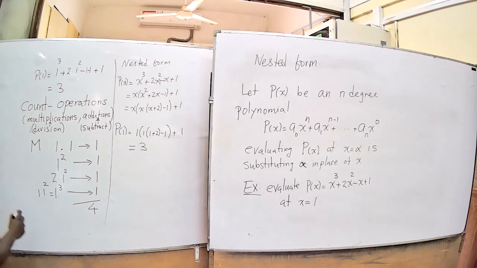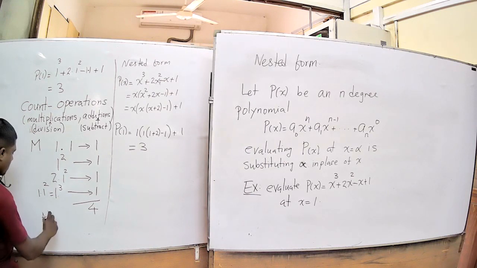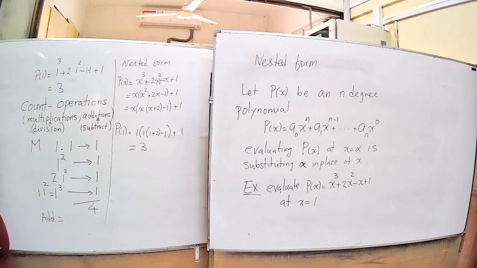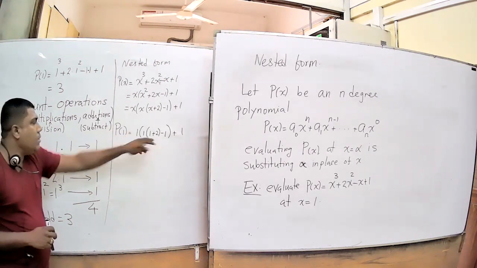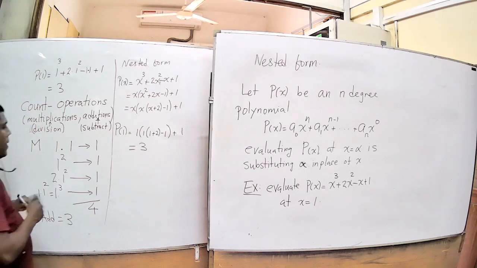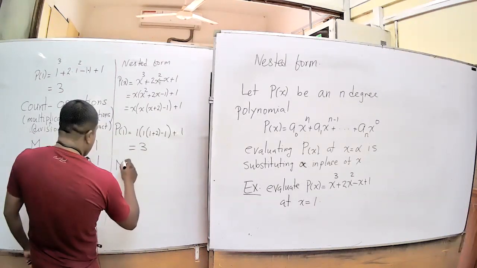Now, additions. How many additions are there? This is simple. 1, 2, 3 additions are there. So 3 additions and 4 multiplications. Now in the nested process, how many multiplications and additions?